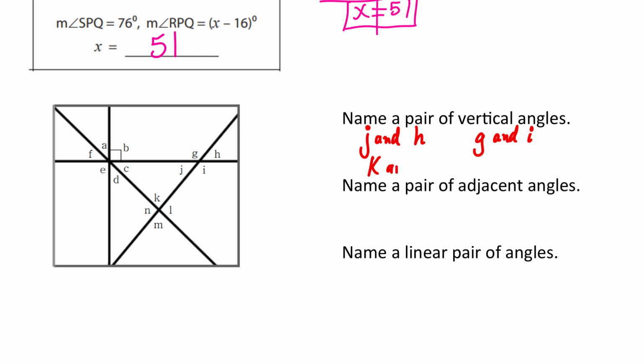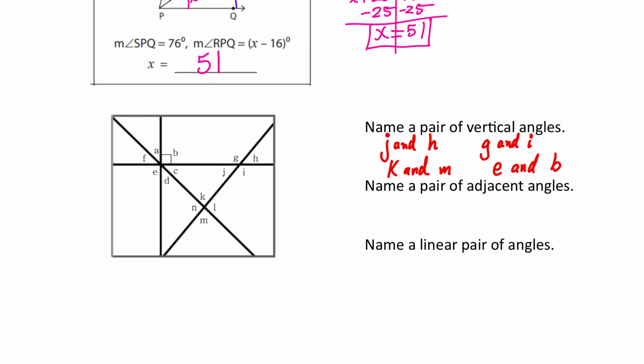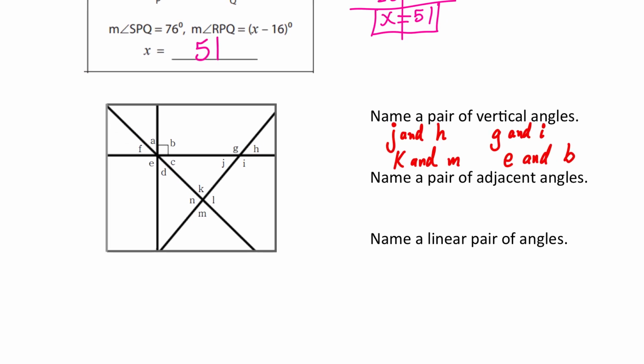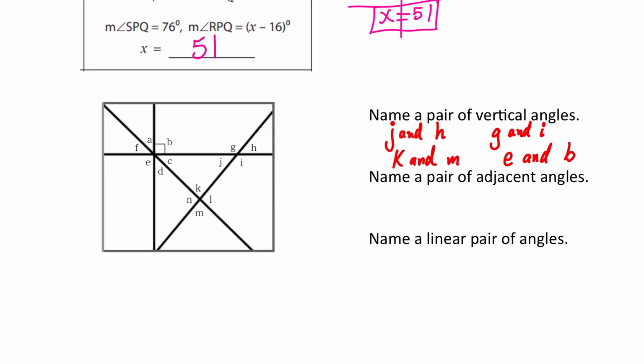K and M are vertical angles. E and B are vertical angles. And there's more up there. I'm just listing some of them.